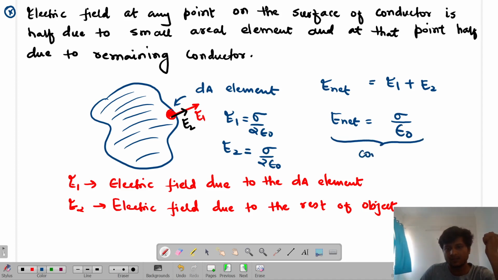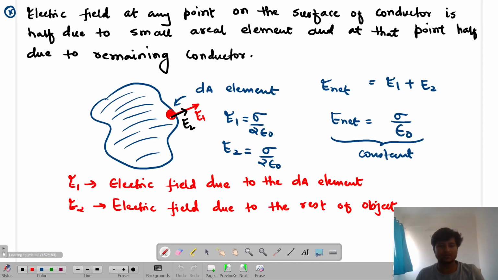Yes, so this was the way to define the electric field for these small areas and add them together. Is that clear?